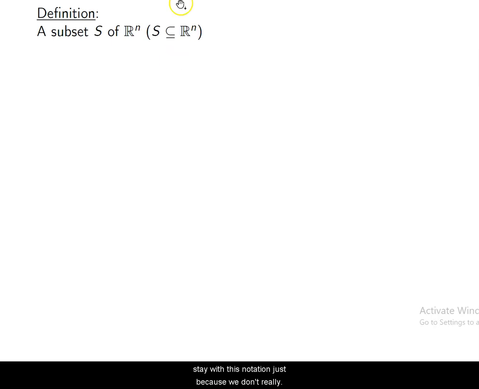We're just going to stay with this notation because we don't really need to worry about if it's proper or improper, so we'll just keep the proper subset notation. A subset S from henceforth will be noted as such. When you see this symbol, that means we're talking about S being a subspace, or sorry, a subset, of Rn.